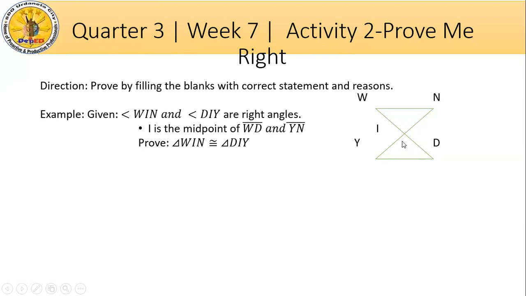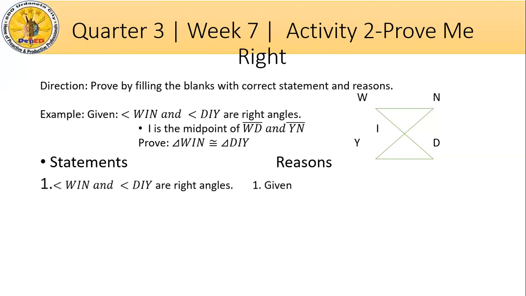As I have said earlier, in writing the statements, the first statement that you are going to use is what is found on the given. So what is found on the first given? Angle WIN and angle DIY are right angles. The reason: it is found on the given. Now, for the second statement, do not write the second given at once.